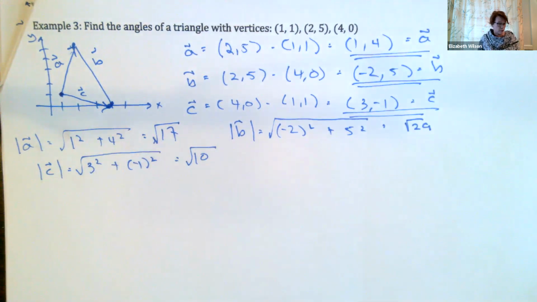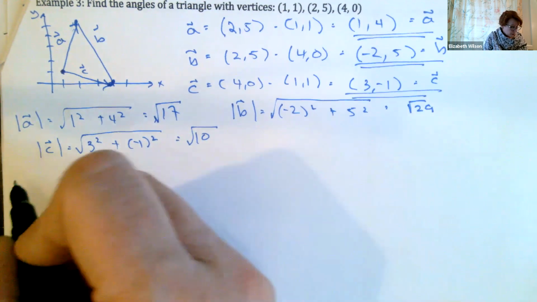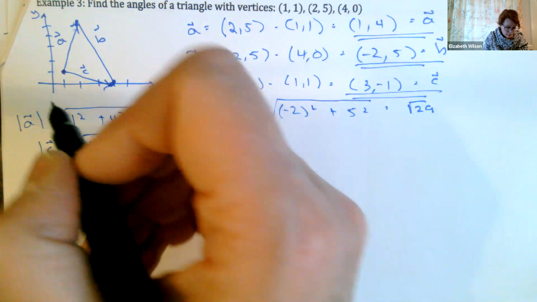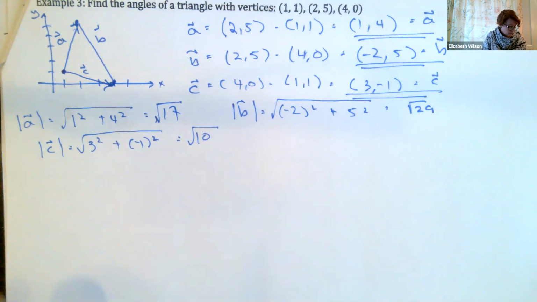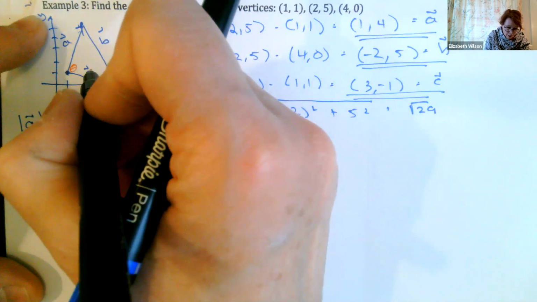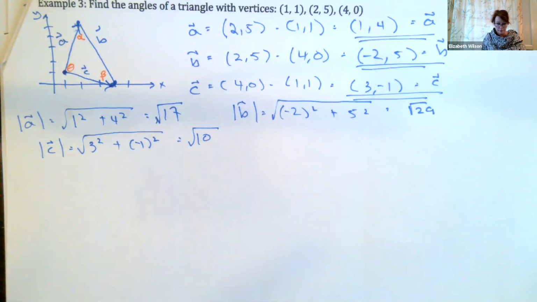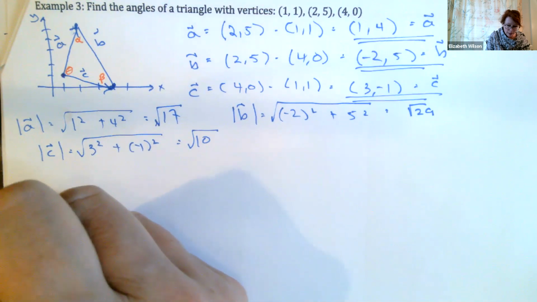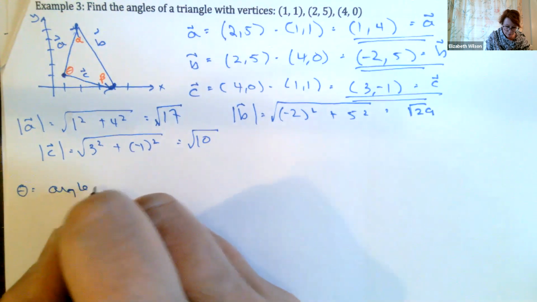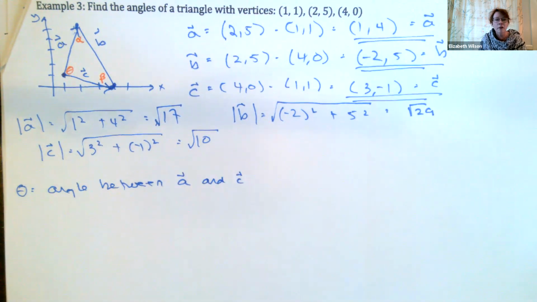Okay, so I now have the magnitudes for my 3 different vectors. Let's figure out, we'll call this theta 1. I'll write this in a different color. I'll call this one alpha, and then beta, just to keep it straight when I was doing the math. My theta is the angle between A and C. Can you see that?